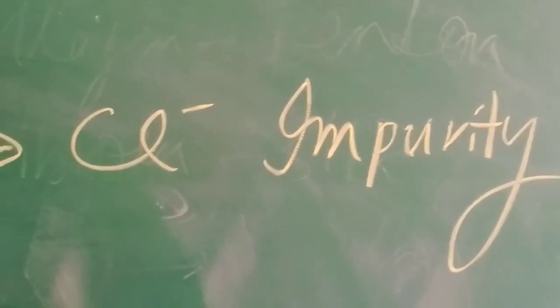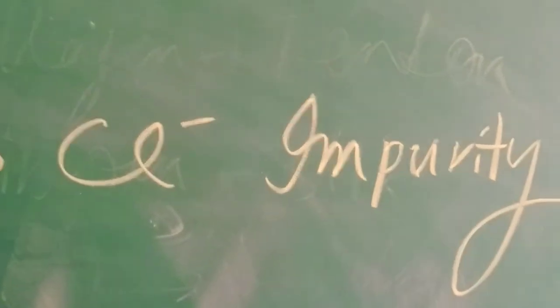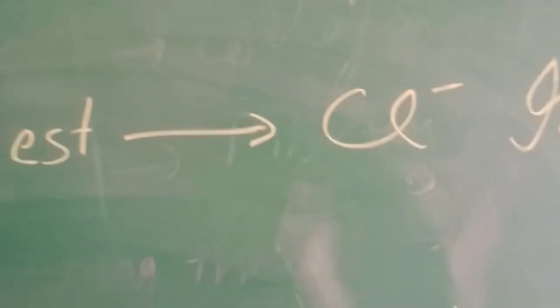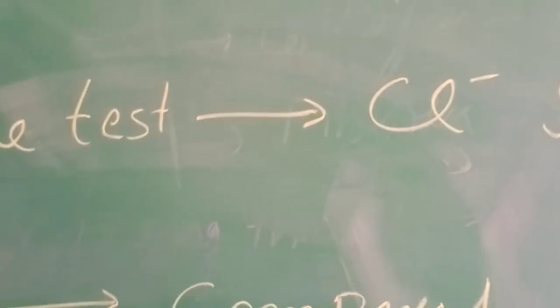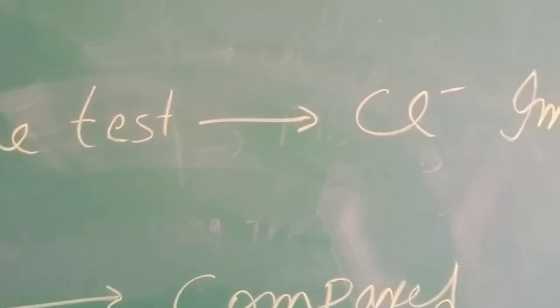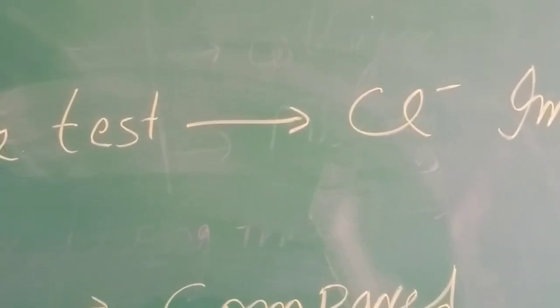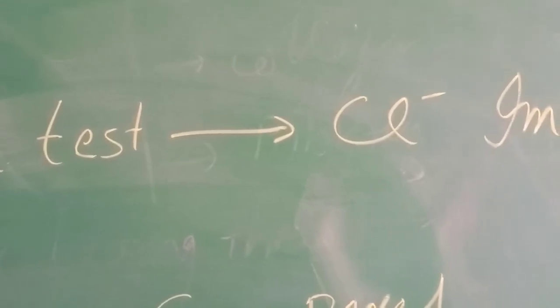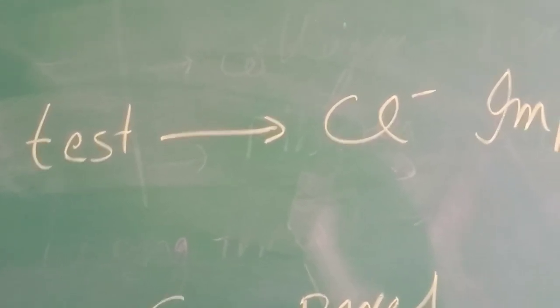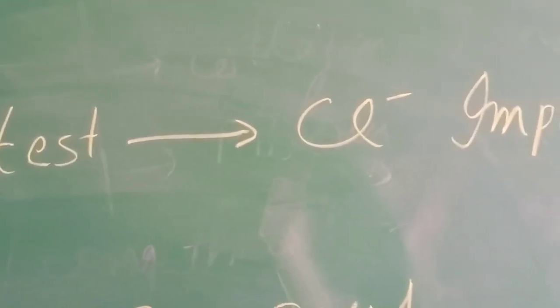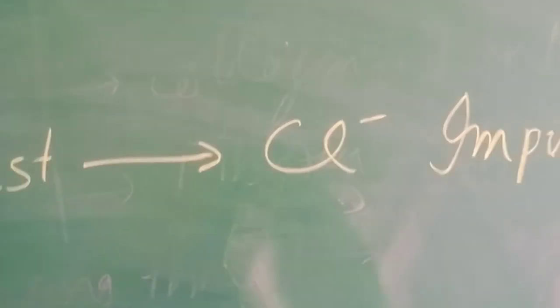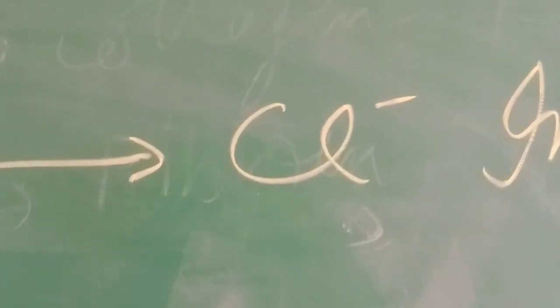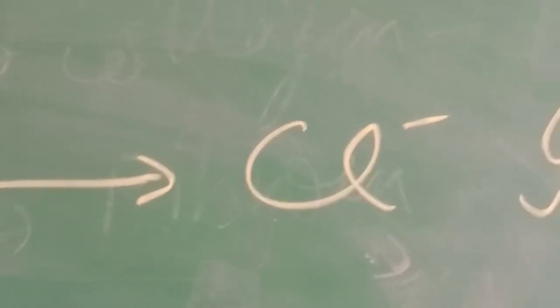So here in this limit test we identify if this chloride is present as an impurity, does this chloride impurity is within a limit or this chloride impurity is beyond the limit.